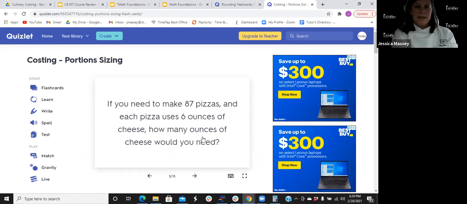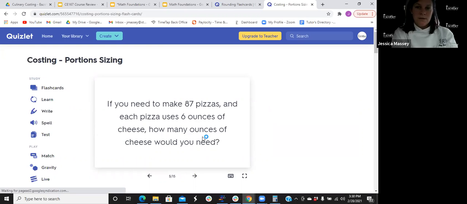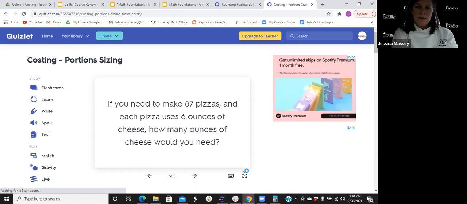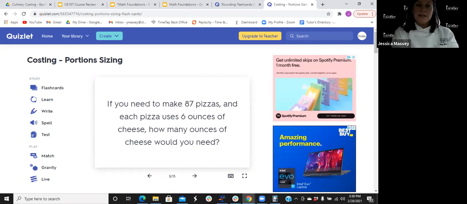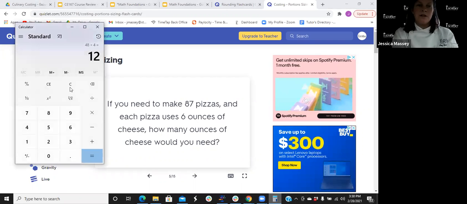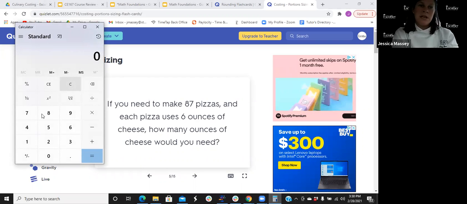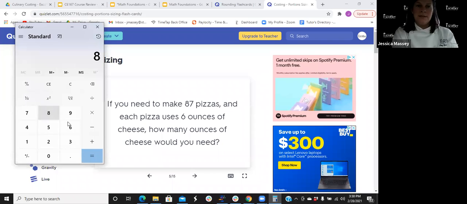If you need to make 87 pizzas and each pizza uses 6 ounces of cheese, how many ounces of cheese would you need to order? So this one is kind of the opposite. This is trying to determine how much you need for how much you want to make. So you would take your 87 pizzas and times that by 6 ounces of cheese each.